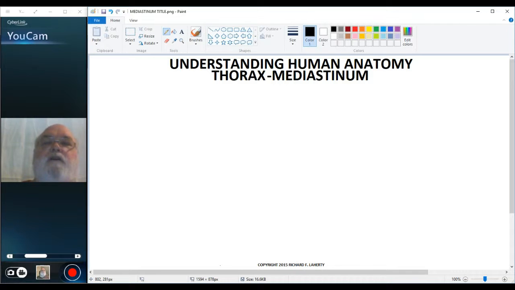Now, I want to draw the structures of the mediastinum, and to do that, I want to start with sketching in some bony landmarks. So what I'm going to do is sketch in the bodies of vertebra.